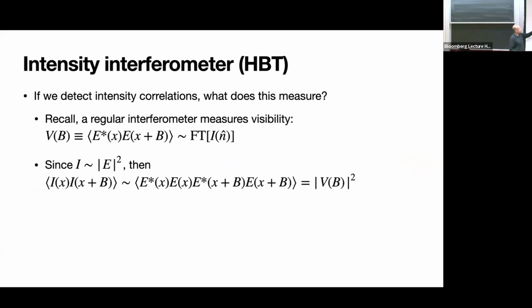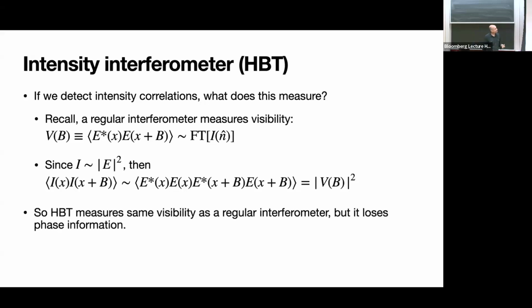If you look at this for a moment or two, you can quickly convince yourself that this measures for us the square of the visibility. So we're measuring the exact same Fourier transform of the sky with one crucial difference, which is that we're only measuring the amplitude of the Fourier transform. We've lost the phase of the Fourier transform.